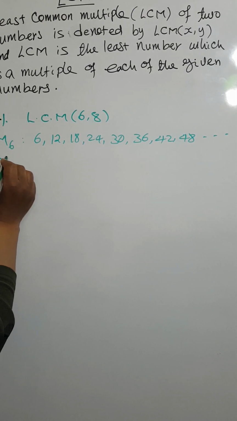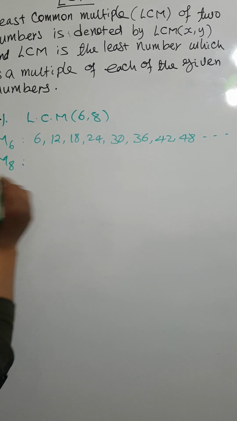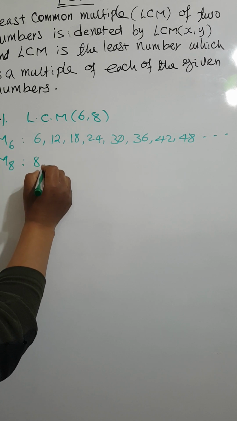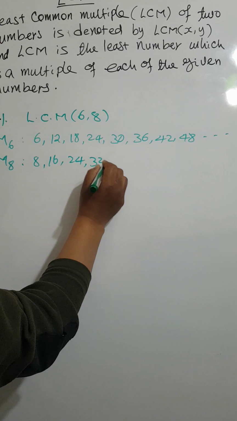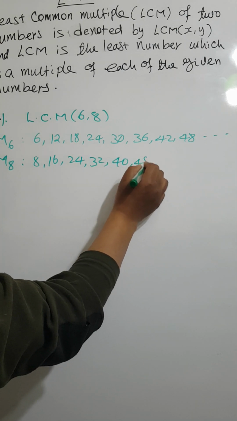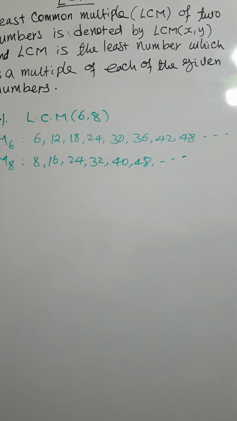Multiples of 8 include 8 itself, 8 times 2 is 16, 24, 32, 40, 48, and it goes on.